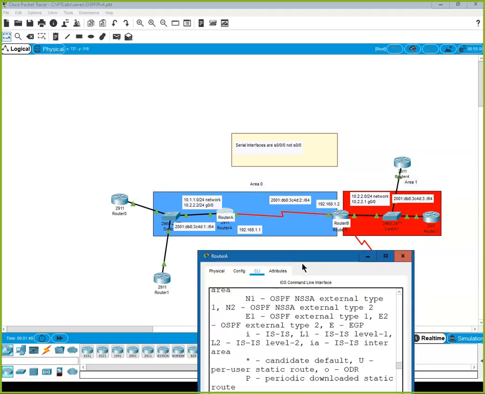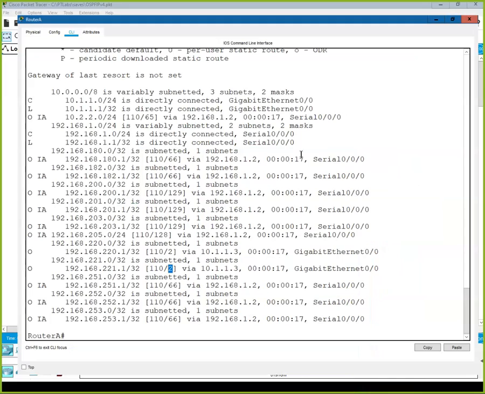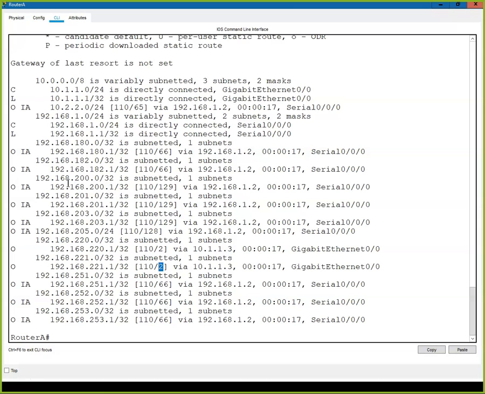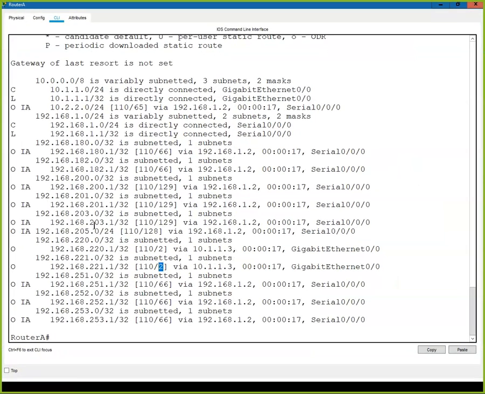If I look at the cost to get to the 192.168.1 network. Let's see, oh, that's directly connected, isn't it? Go to the 10.2 network and see, this one's in multiple areas, so it gets a little tricky. Okay, 10.2 is the cost of 65. That's what I was looking for here. That would be the serial link cost.